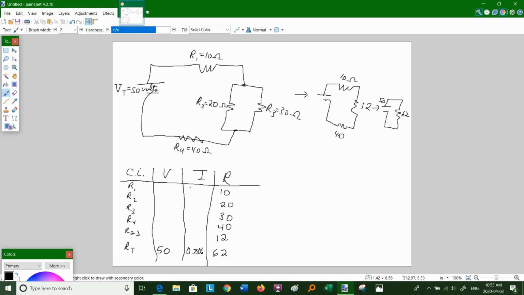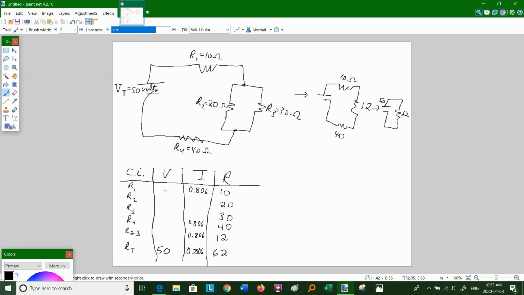So R1 is 0.806. R2 is, I'm not sure yet. R23 is 0.806. R4 is 0.806. So those are all 0.806.